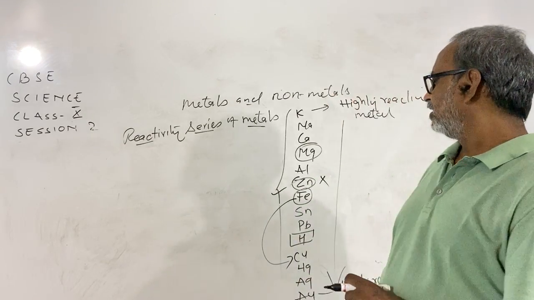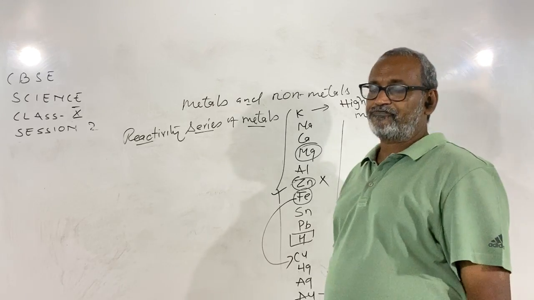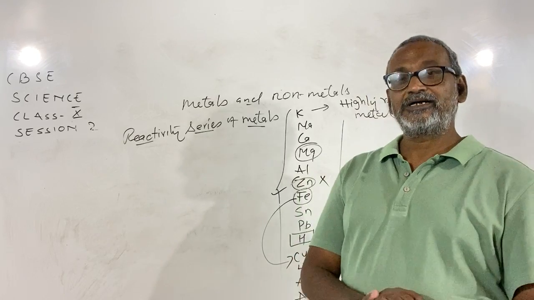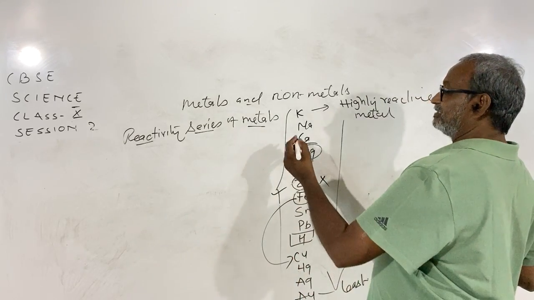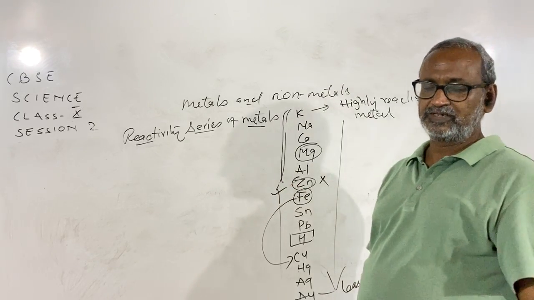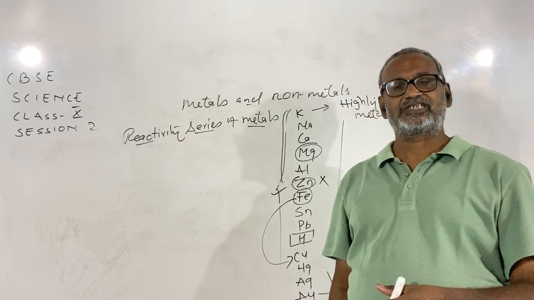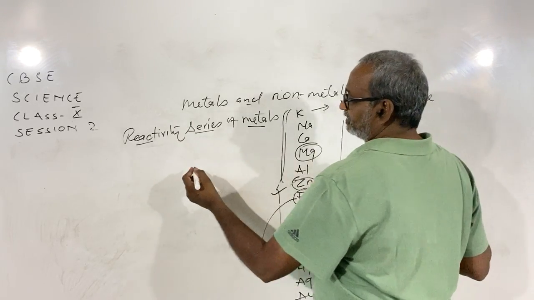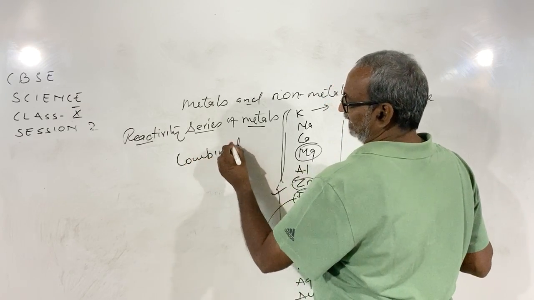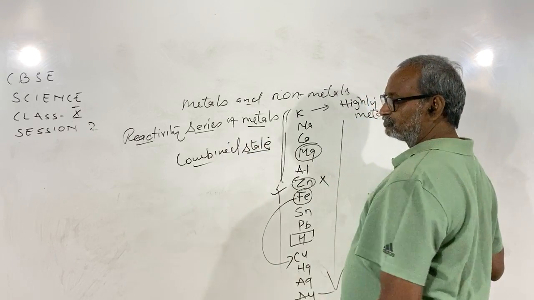Second, the reactivity series gives you an idea of the occurrence of metals in nature. The metals which are above in the reactivity series are highly reactive and they never exist in the free state. They always occur in the combined state, that is, in the form of compounds.